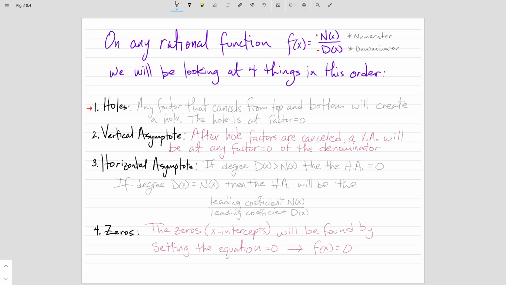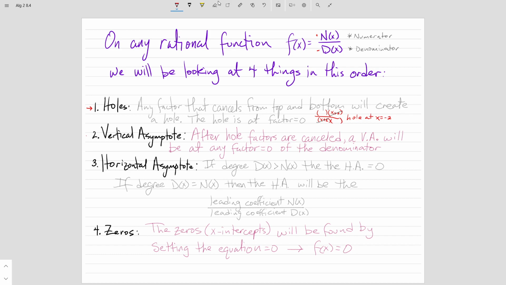So the example I'll say is if you have a fraction and you've got something on top times x plus 2, and your denominator has x plus 2 and something else. Well, that x plus 2 would cancel. And then your function would have a hole at x equals negative 2. So that's how holes work.